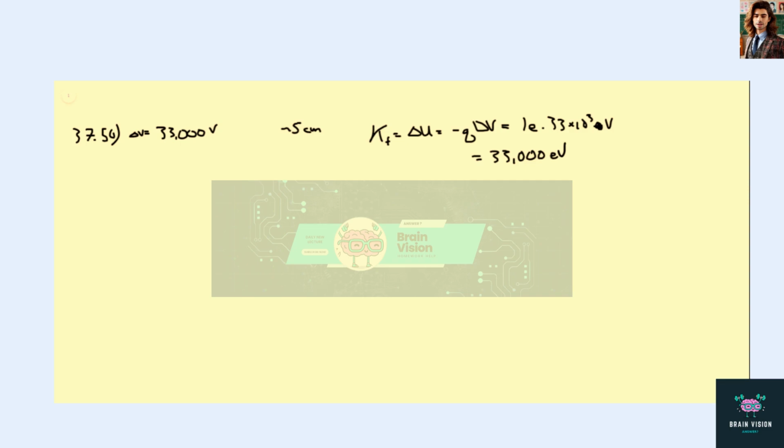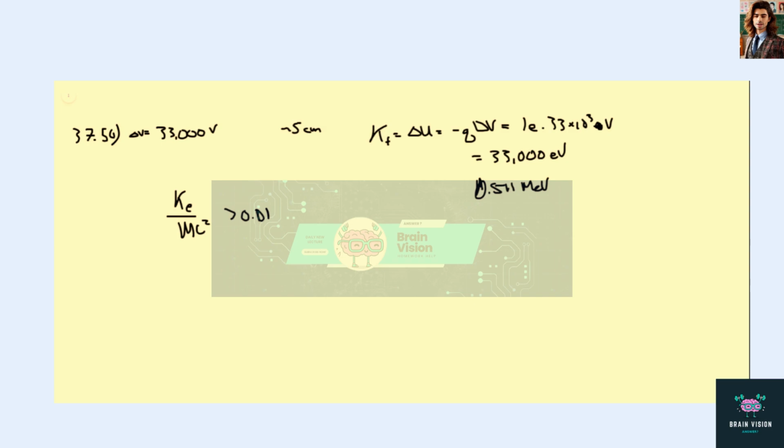So how does this compare to the rest energy of an electron? Well, the rest energy is given by 0.51 mega electron volts. So that means kinetic energy of the electron over the rest energy is greater than 0.01. And because of that, we take it as relativistic.